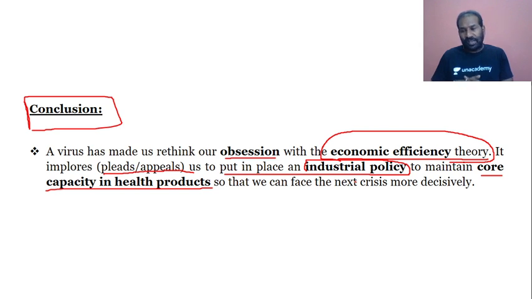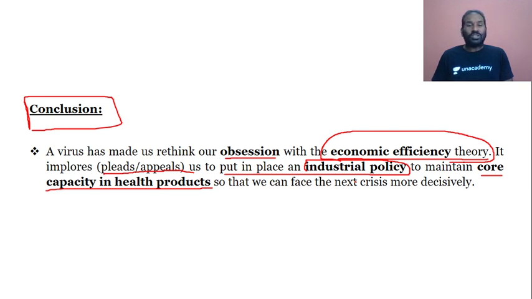And whenever we face any kind of unforeseen situation in a forthcoming crisis, India has to be ready with its industrial policy in place, wherein it focuses on the health products. It increases its capacity of manufacturing the health products, so that it will not be dependent on imports from China or various other countries in regards to ventilators.